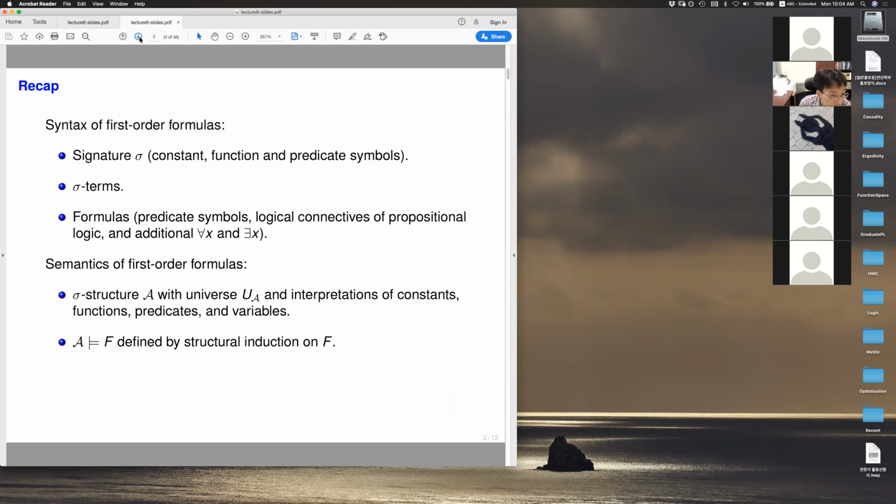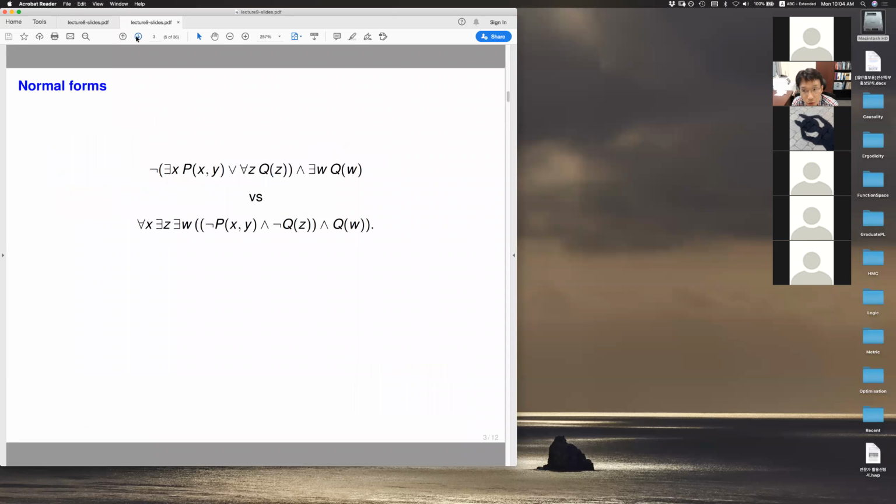It's a quick recap, but we don't have to talk about this. So let me explain what I mean by normal form. To study or design any algorithm for first-order logic is not very easy, for many reasons. One of the reasons is that the objects that the algorithm or theoretical analysis has to deal with are quite complex.